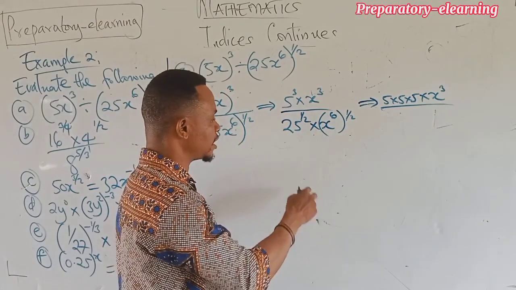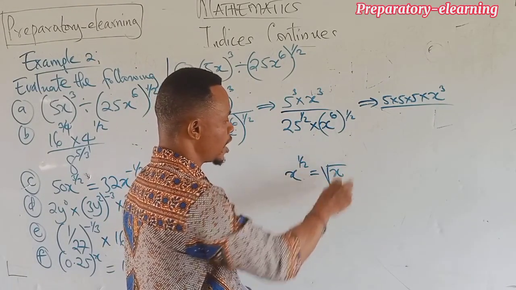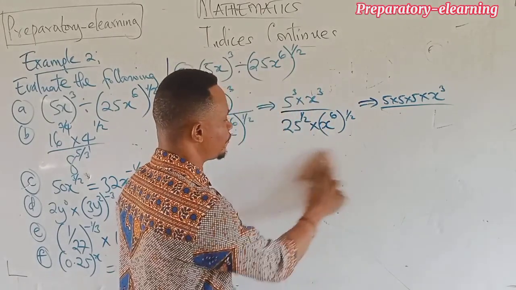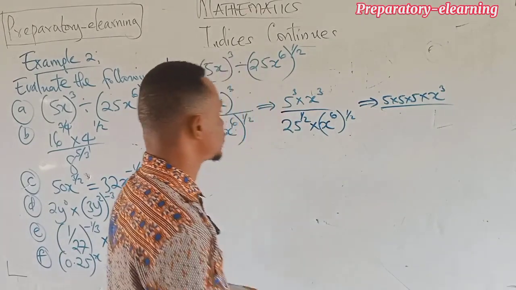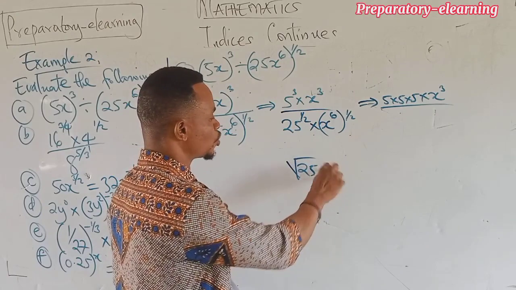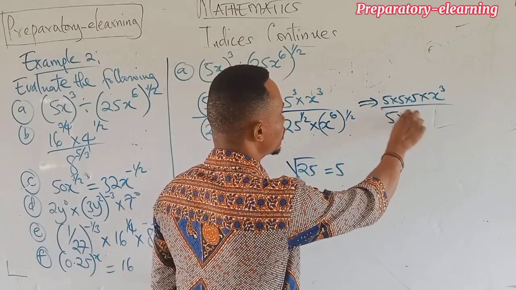I had said that x to the power 1 over 2 is the square root of x, for example. So here we have 25 to the power 1 over 2. So this will have the square root of 25, which is what? 5. So in place of this, we have 5 times.